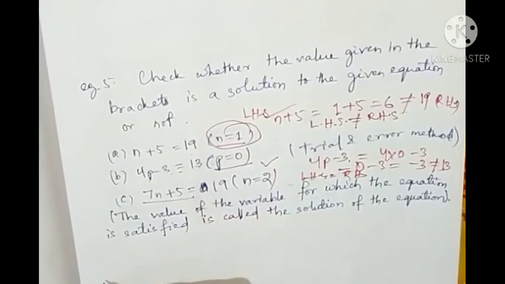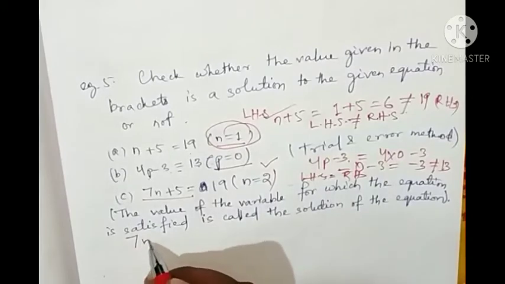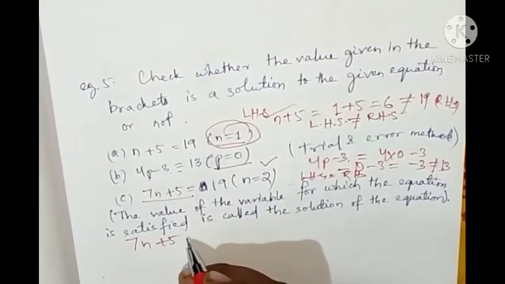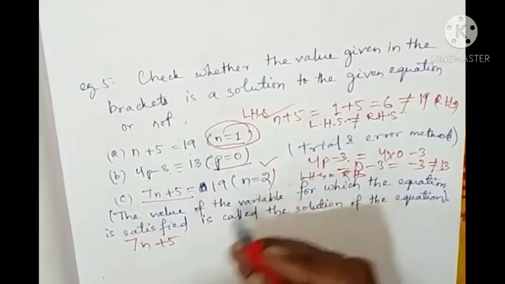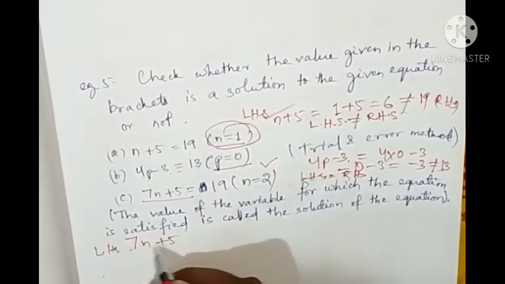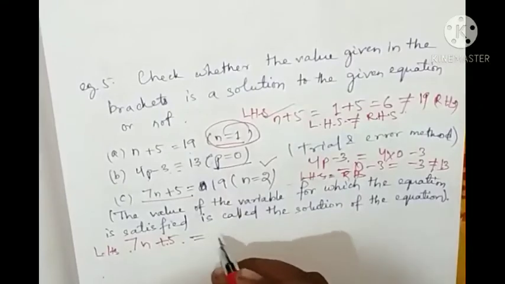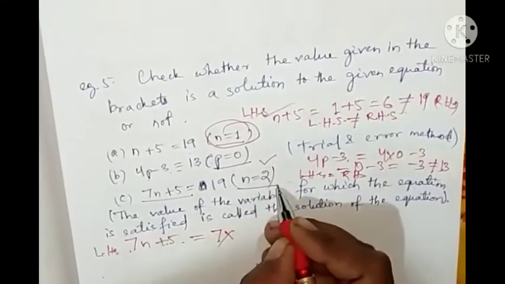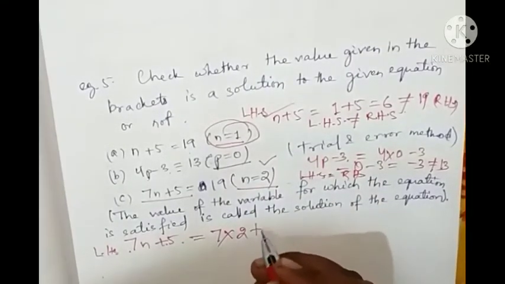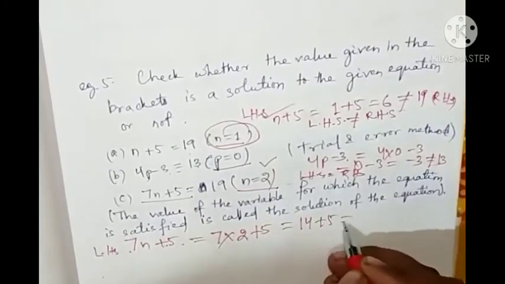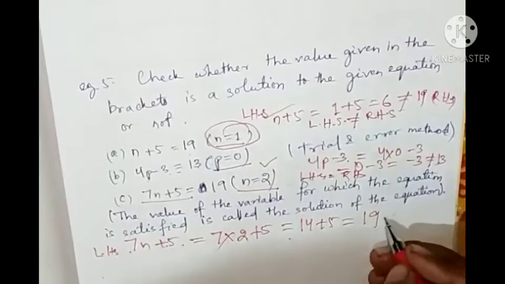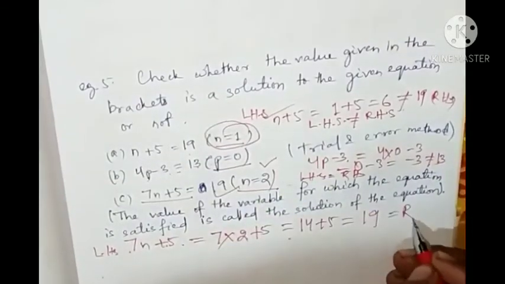Okay, so let's see. 7n plus 5 equal to 19. So LHS equal to 7n plus 5 equal to 7 into, what will we put? n equal to 2. 2 plus 5. That is 7 2s are 14 plus 5 equal to 19, which is RHS.